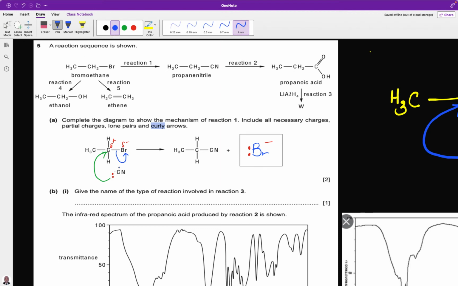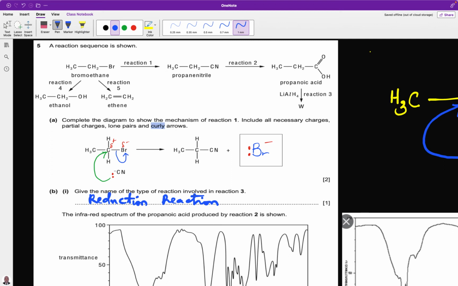We will call it a reduction reaction, because we are reducing the acid to its corresponding primary alcohol, which is propan-1-ol.